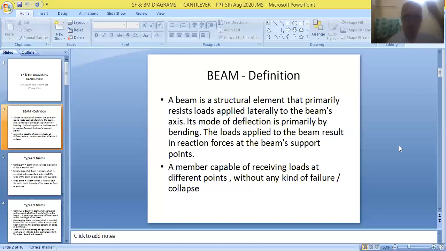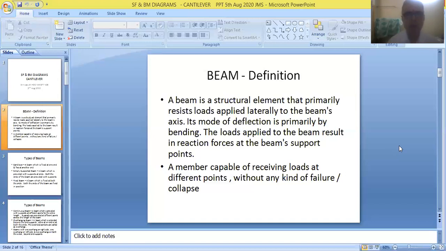So this is the basic definition. So it is an element that is used for construction of structures. So it's called a structural element.